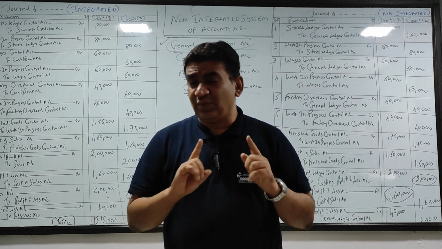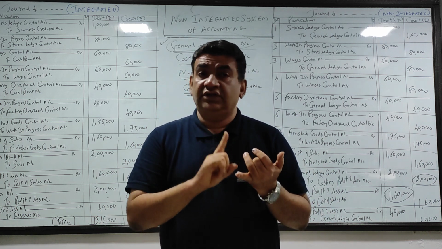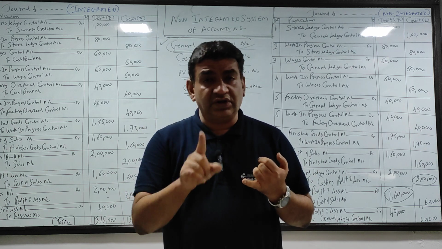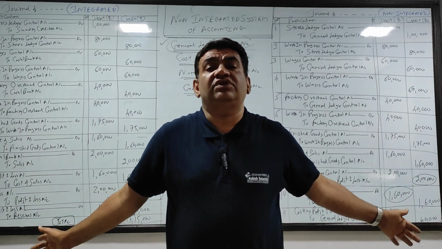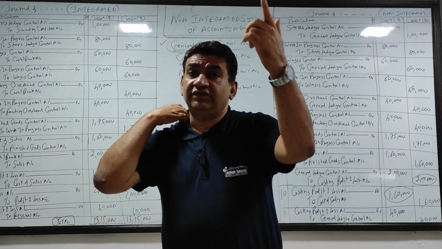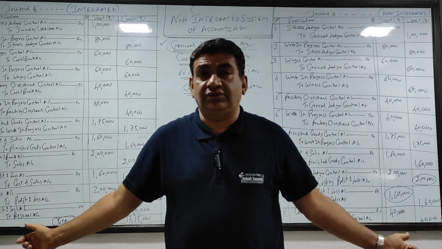That's it. I wind up here. Again, requesting you all, those who are not yet thorough with integrated, please first get thorough with integrated. Once integrated is thorough, automatically 75% of non-integrated is done. Still if there is a confusion, go back to my first lecture, see other lectures of integrated, and then come back to this.